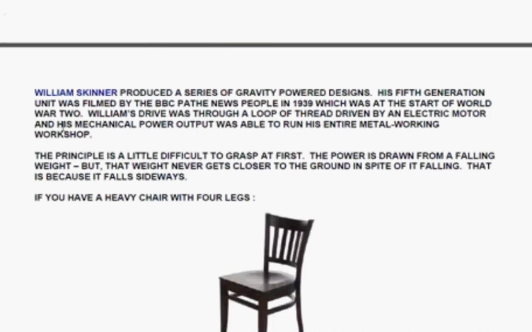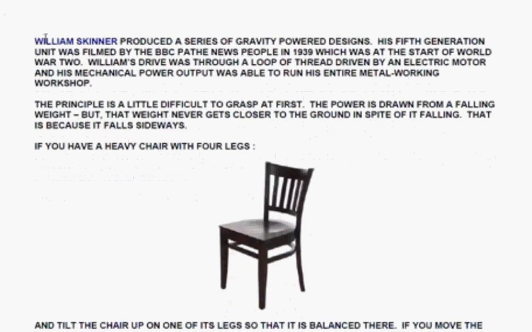All right, moving on now to the recent year of 1939. William Skinner of America produced a gravity-powered design, which he kept refining. And you'll find his fifth generation unit, which was filmed by the BBC Pathé News people in 1939, which is the beginning of World War II.